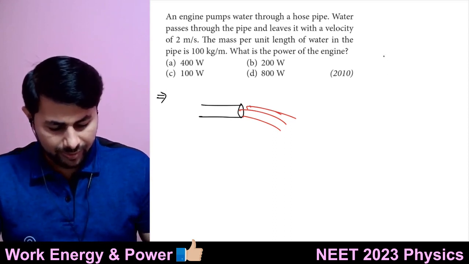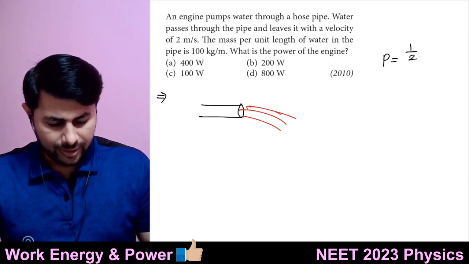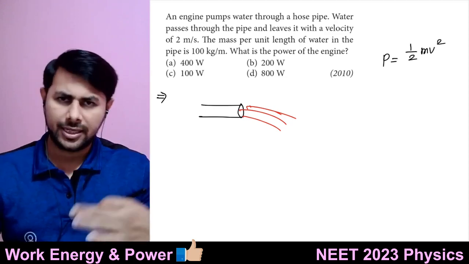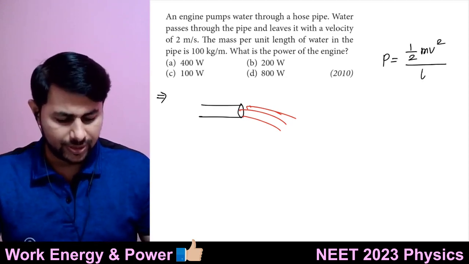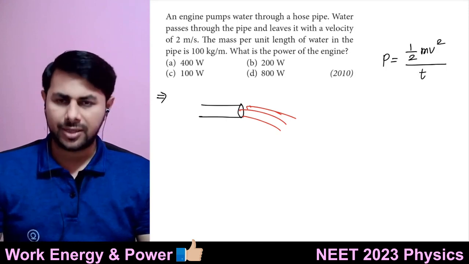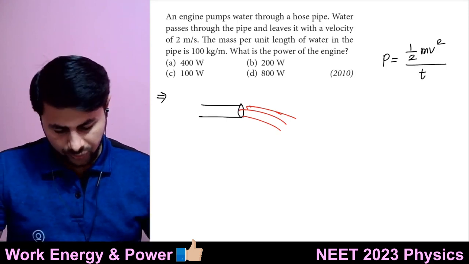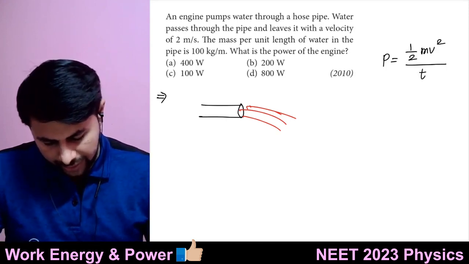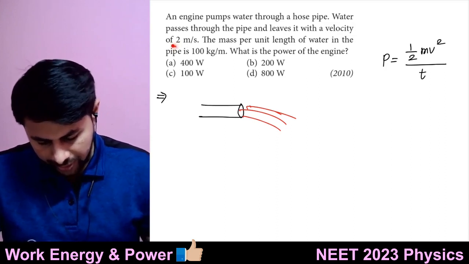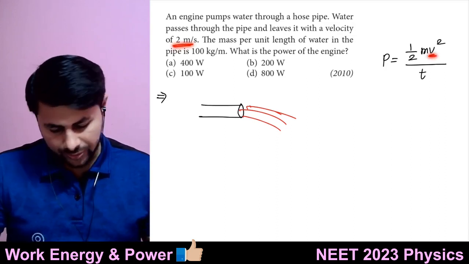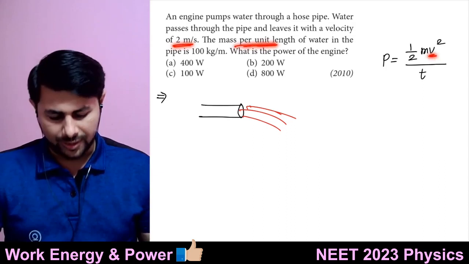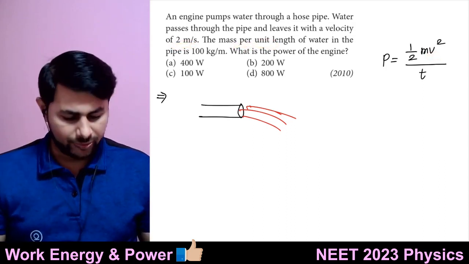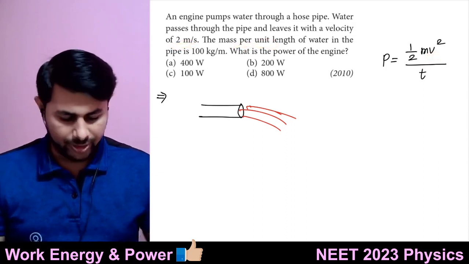Now power can be written as the change in kinetic energy with respect to time, half mv square divided by t. We are given the velocity, v, and the mass per unit length. Time we don't know.